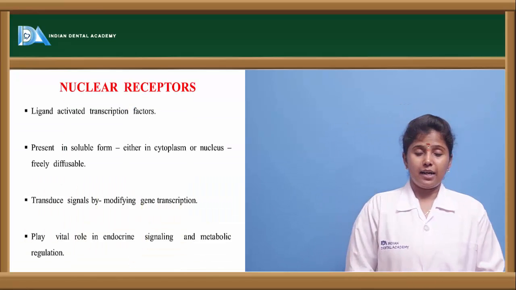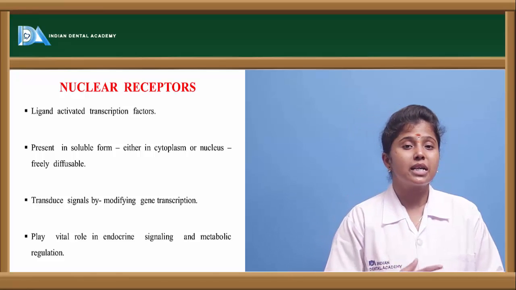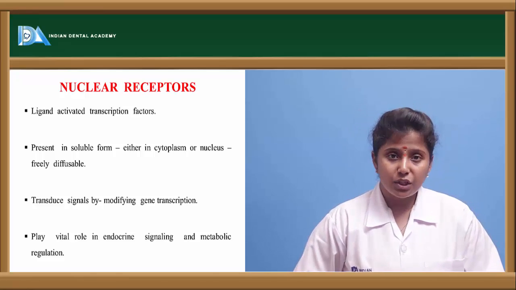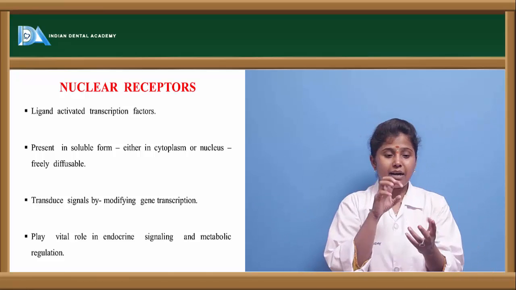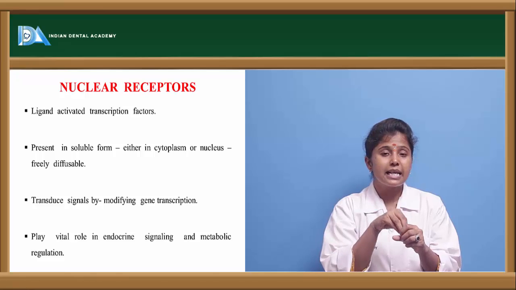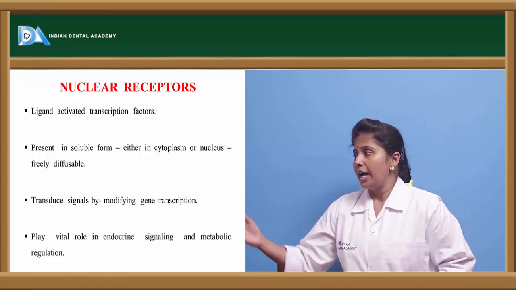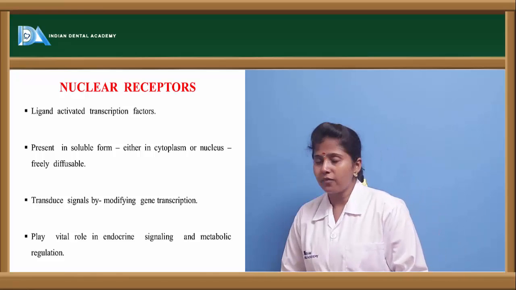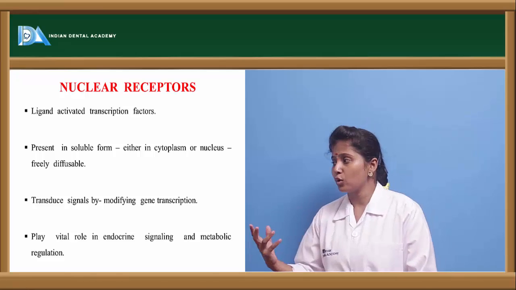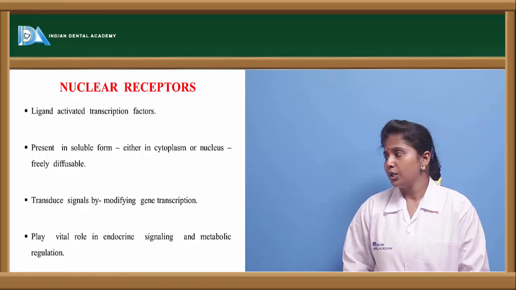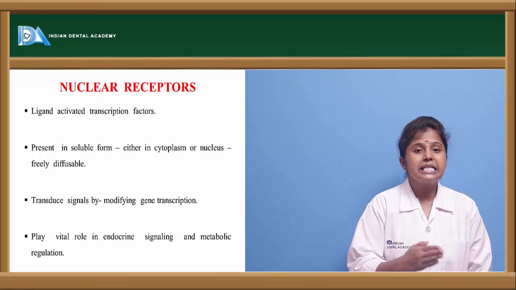If we see the last type of receptors, which are called nuclear type of receptors, they alter the gene expression of the cell. They have a space for the ligand, and when the ligand binds to these receptors, they will alter the gene expression. These receptors are present in soluble form, either in the cytoplasm or in the nucleus, and they aid in the signaling pathways.